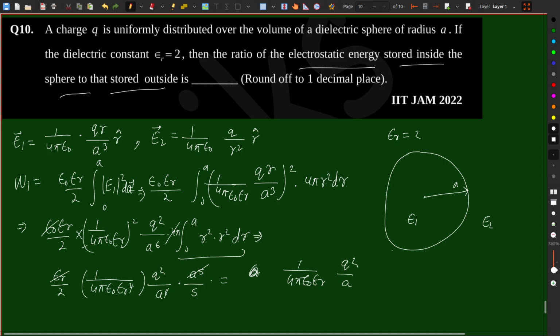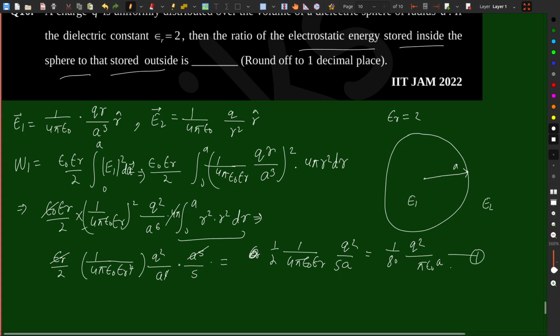Okay, and if I put the epsilon r value here, it will become 1 over 80, Q square over pi epsilon naught a. So this is equation 1.